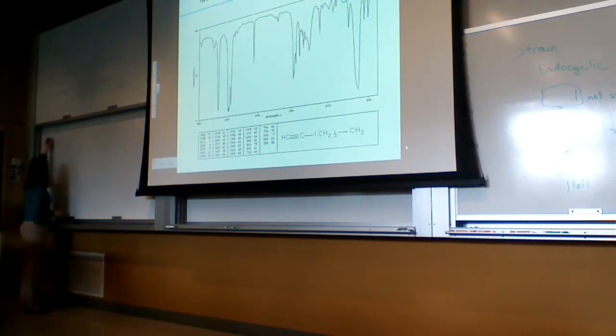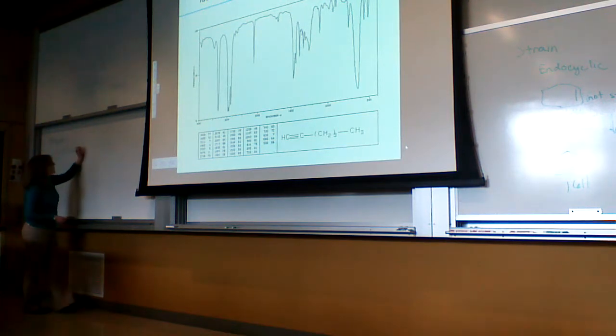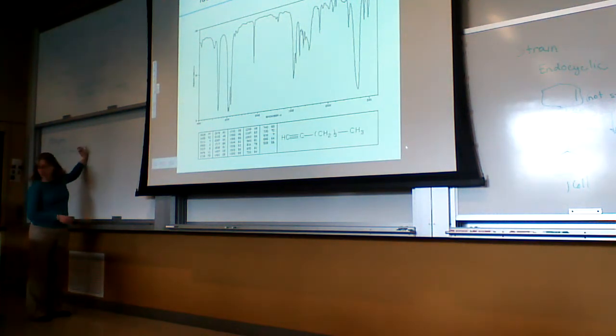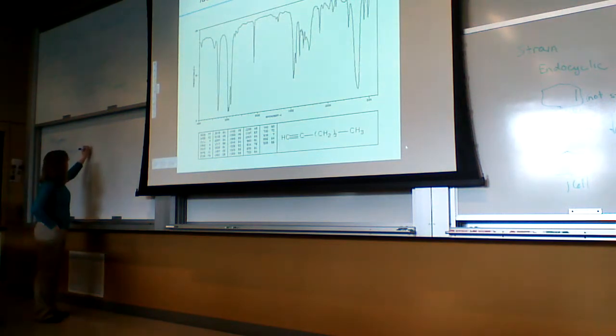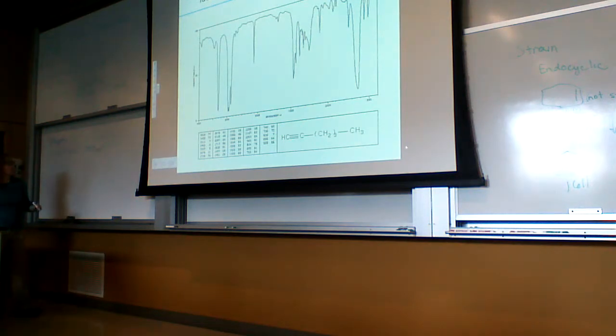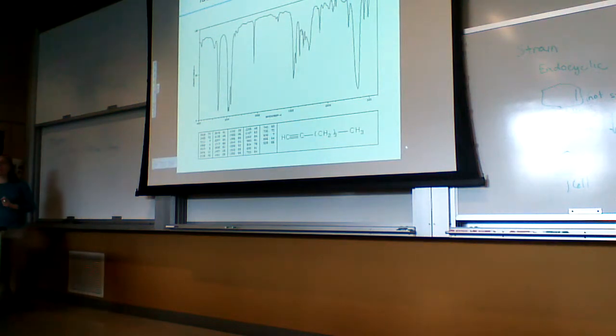So in the alkynes, you have your CH stretch. Base value is about 3300 centimeters to the -1, and it's going to be a very sharp signal, as opposed to the OH signal in that region.